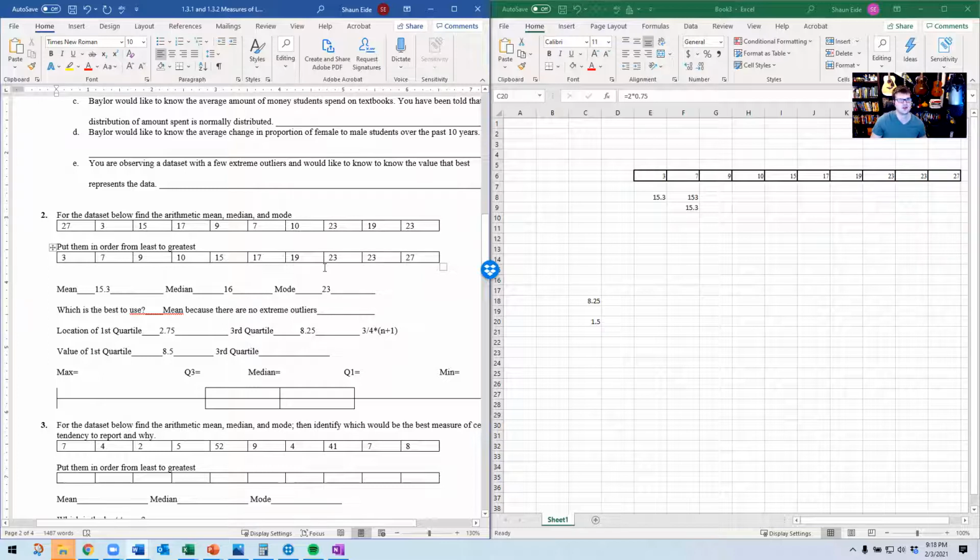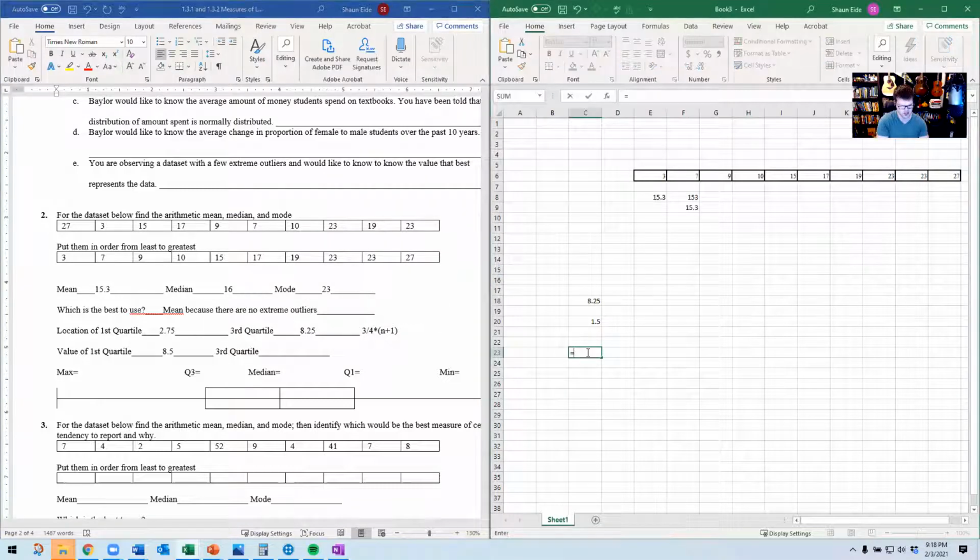So you've got 8.25. Now this is weird. If the 8th value and the 9th value are the same, what should I do? If I need to take that 0.25, what I'm supposed to do is 0.25 multiplied by the difference between the 8th and the 9th value, and add it to the 8th value.